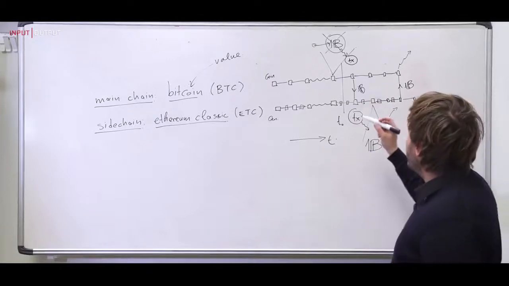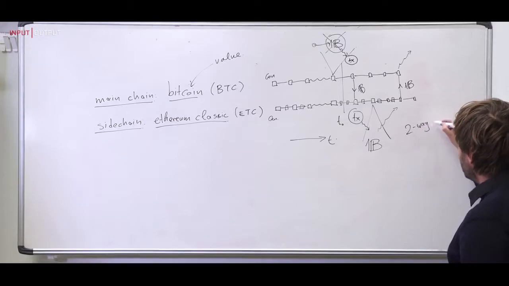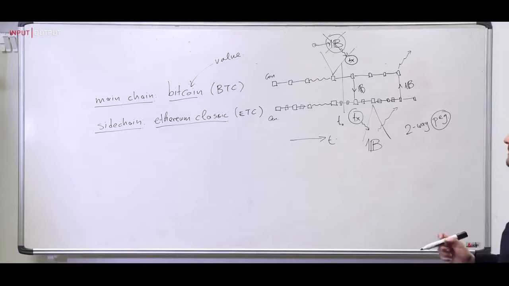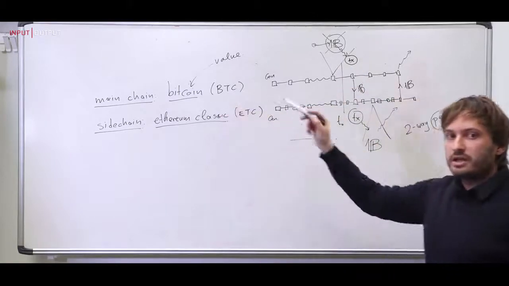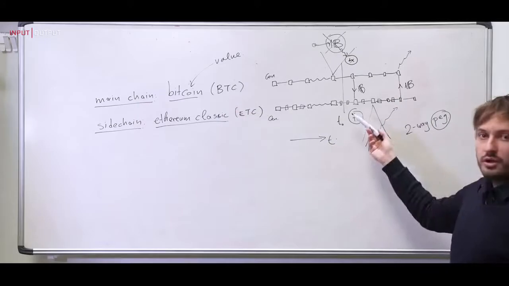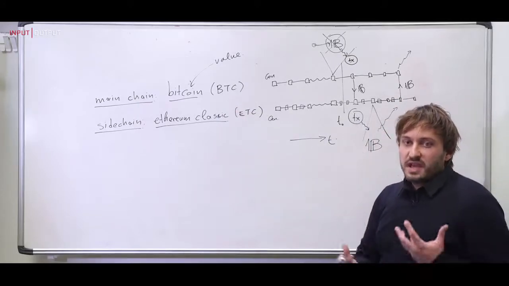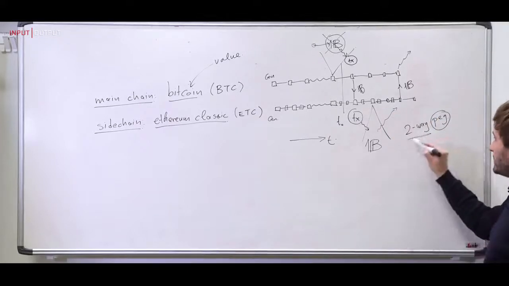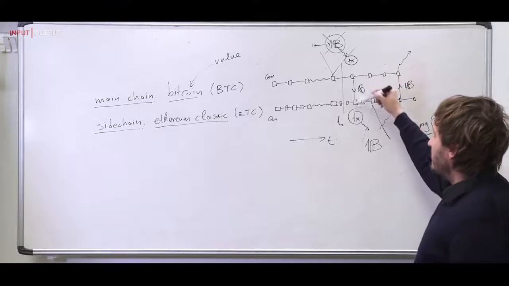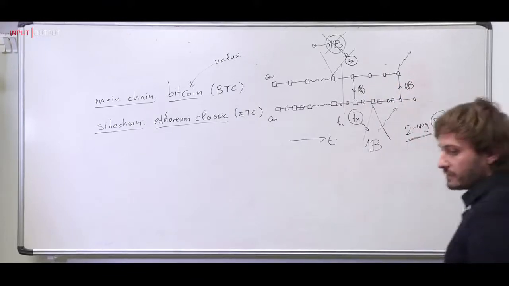So this is what we call a two-way peg. And the peg means that one Bitcoin on the Bitcoin blockchain is worth one Bitcoin on the Ethereum Classic blockchain. They're the same value, they're the same unit of account, and the two-way means that I can move them back and forth. Okay, I can move them around like this.